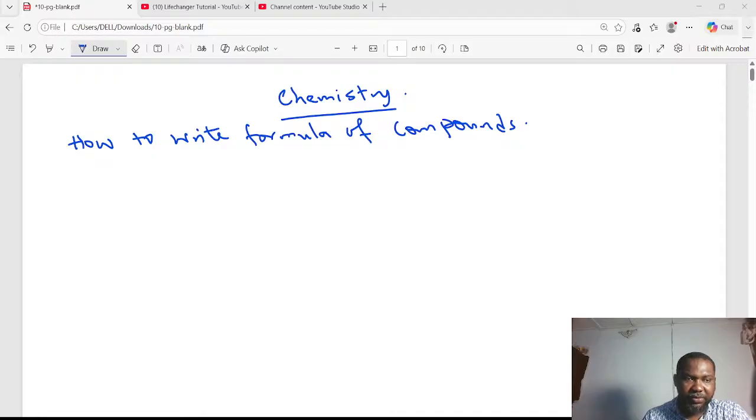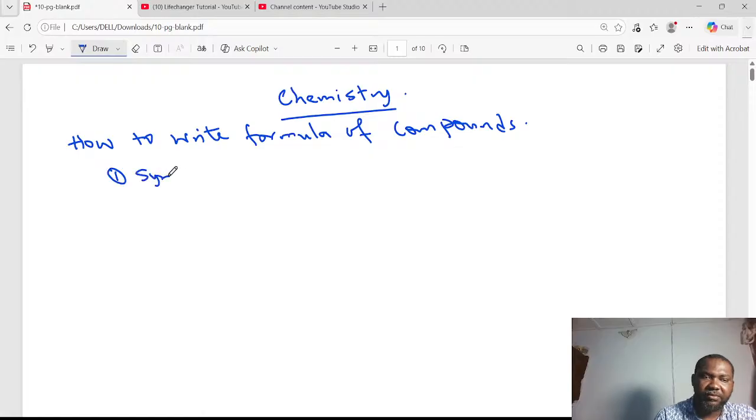And that is a must. So now, in order for you to know the formula of a compound, there are two things, or three things, that you must remember. First of all, you must know the symbols of elements, and arrange them in the periodic table.